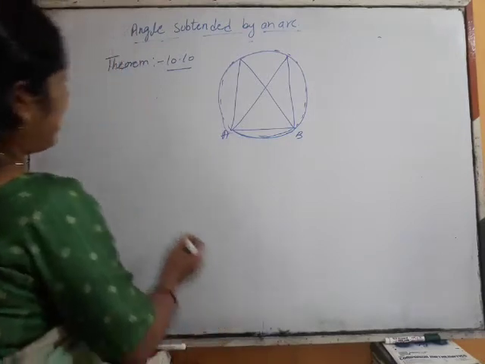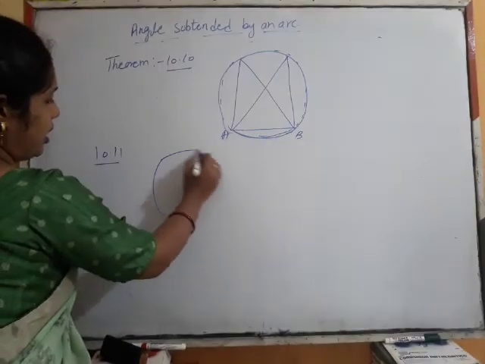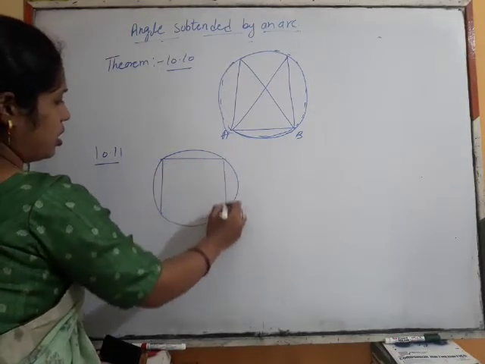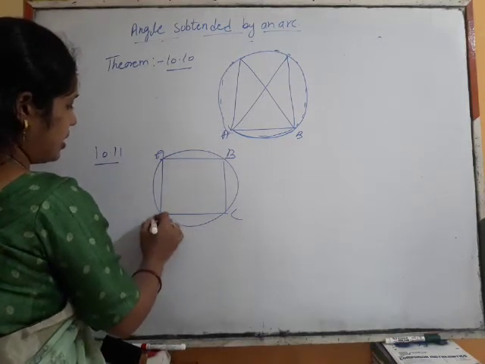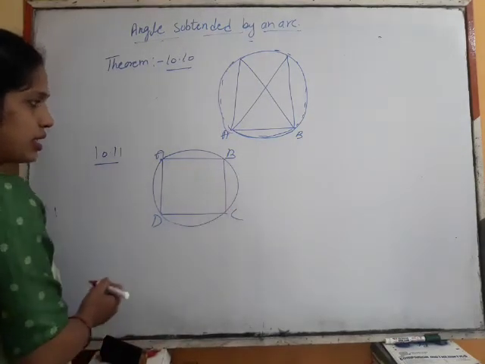That means for theorem 10.11, in a circle, if there is a quadrilateral ABCD, all these points are on the circle.